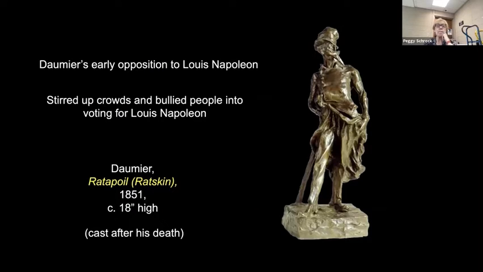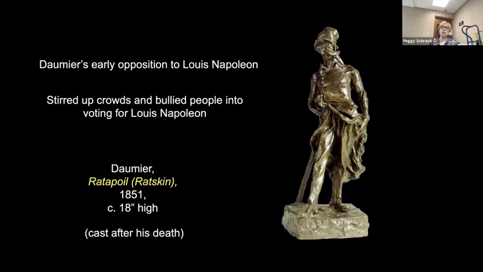You know, Daumier made some sculpture as well, and his early opposition to Louis Napoleon was clear. Now this is 1851, which is during that republic, but people in the know weren't fooled by it. This is Ratapoil, and Ratapoil means rat skin, literally, and it's a term that was used to reference these sorts of thugs.